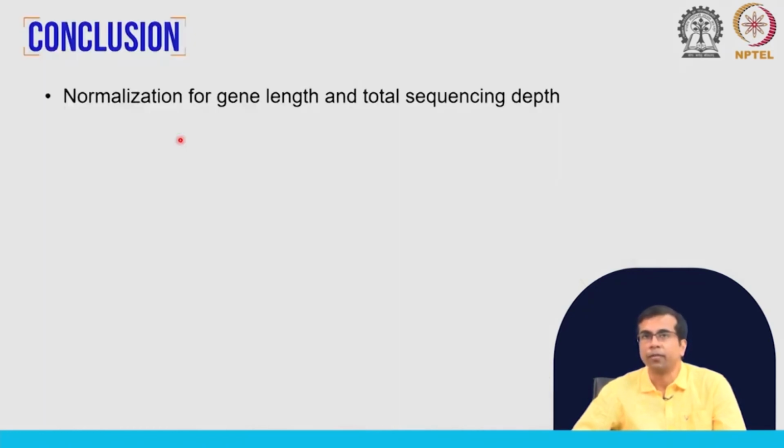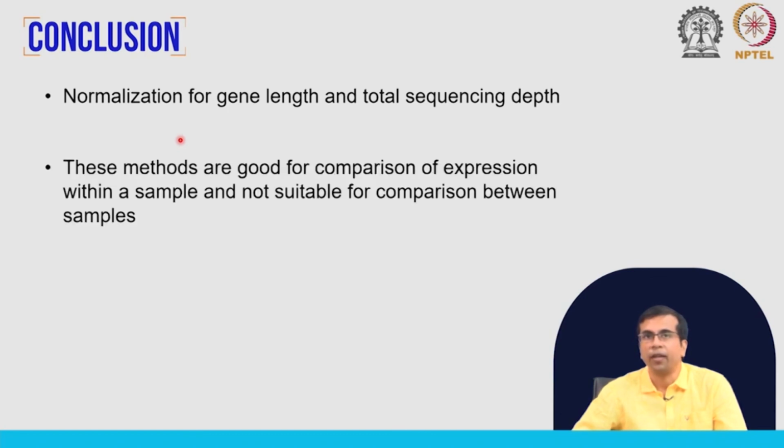To summarize, we have looked into normalization methods for gene length and total sequencing depth. We have talked about the FPKM, RPKM and TPM methods. We have seen that these methods are good for comparison of expression within samples, but they are not suitable for comparison between samples, and we have explained the reasons why that is the case.